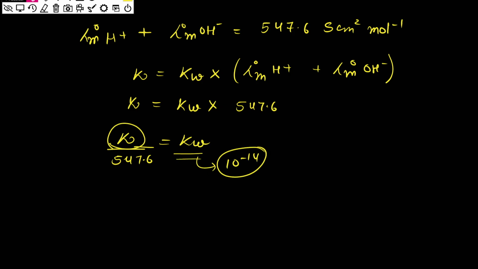From there also we can determine the conductivity. Sorry, it is the root of Kw, so here it comes out to be a square. Yes, so this can also happen. This formula can also be derived with the help of conductometric titrations. So this is another application of conductometric titrations, that is to determine the ionic product of water.